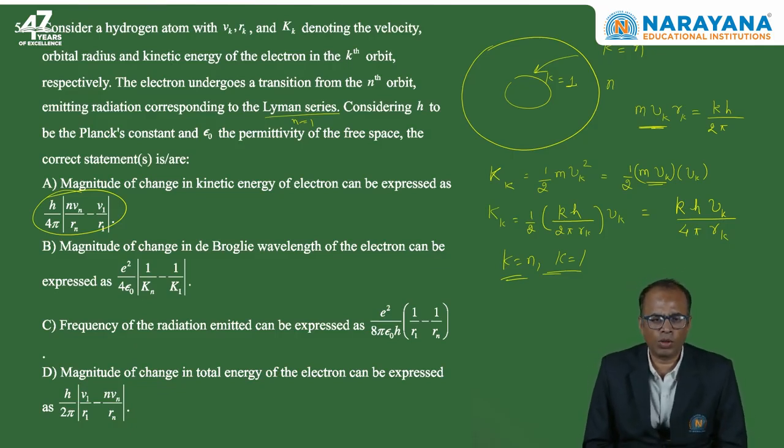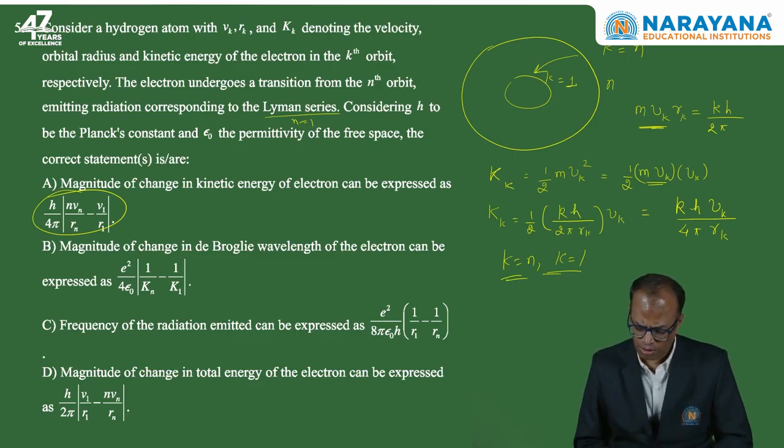Okay, so let's talk about the magnitude of change in de Broglie wavelength, and this wavelength I have to write in terms of kinetic energy. Okay, so let's talk about this.